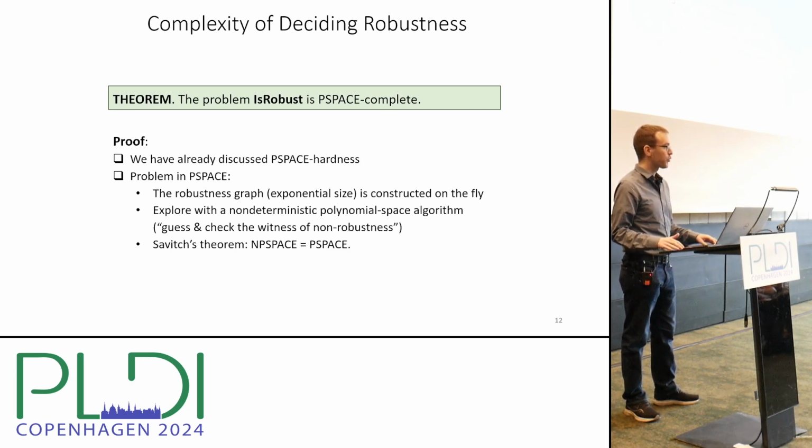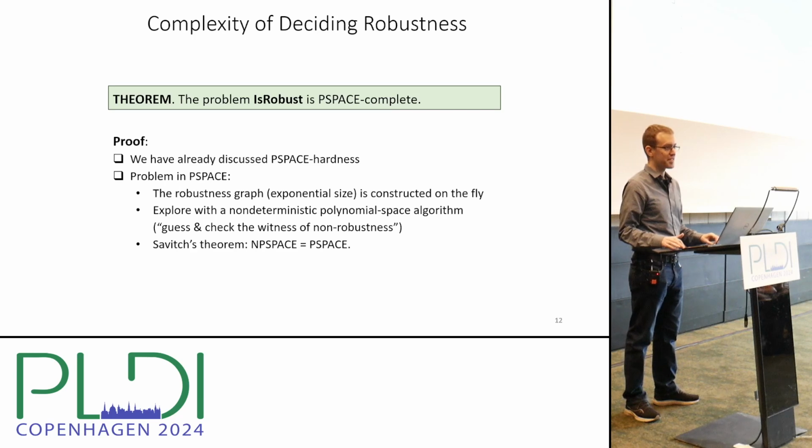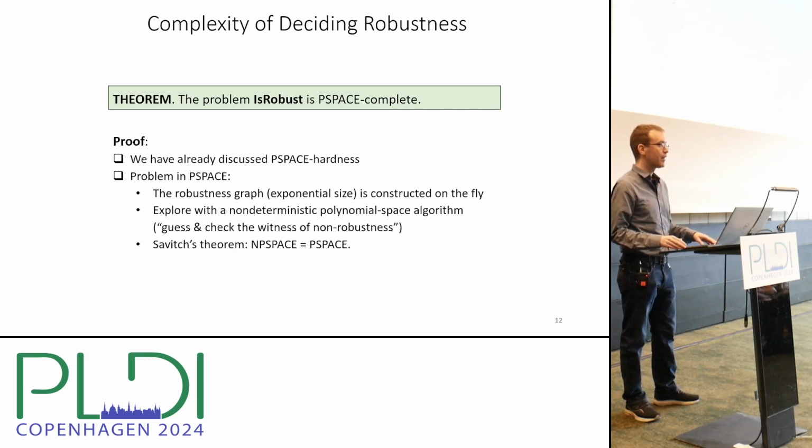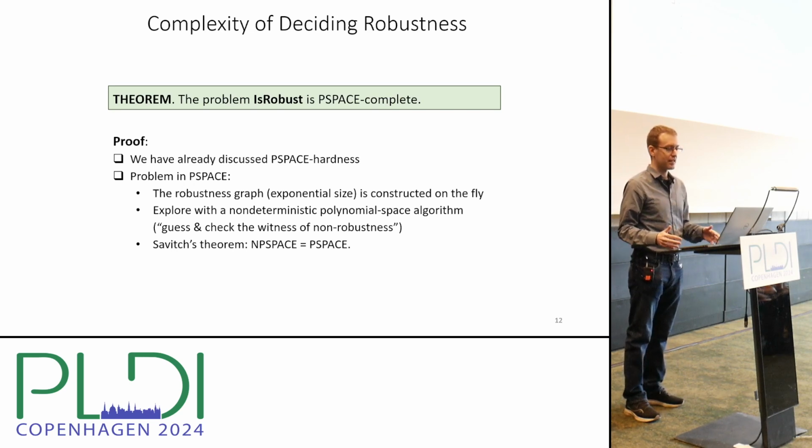And we can explore it using a non-deterministic polynomial space algorithm that intuitively, at every step, guesses and checks the witness of non-robustness letter by letter. Then finally, we invoke Savage's theorem, and we obtain the desired result.